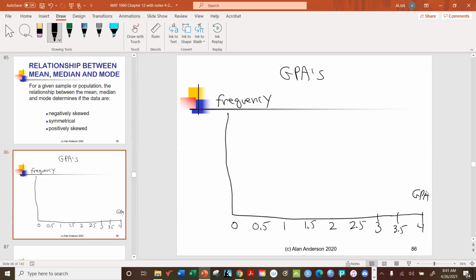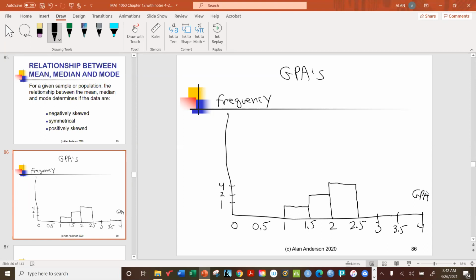Now, what I'm going to do is construct a bar for each range. Let's say there's one person whose GPA is between 1 and 1.5. So the bar itself represents this interval between 1 and 1.5. The height represents the number of students who fall into that category. Then we have two people between 1.5 and 2, and let's say four people between 2 and 2.5.